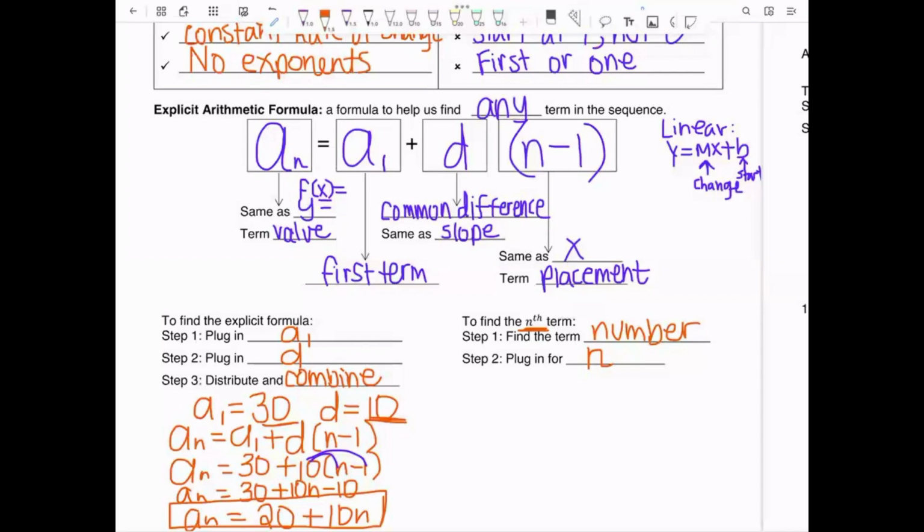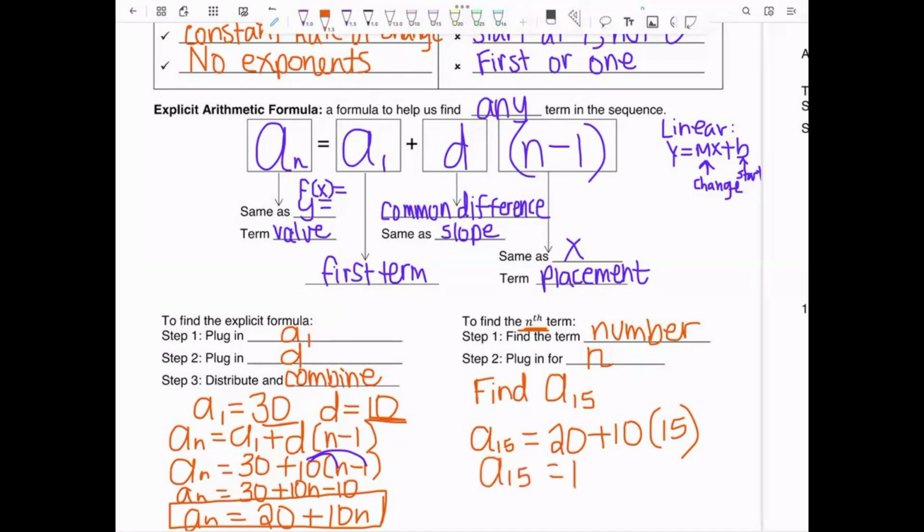Frequently they will write it as find a sub 15, and that means we're finding the 15th term. So we say a sub 15 equals, and then we take our formula and plug in a 15 for n. So we would have 20 plus 10 times 15. That would give us 170.